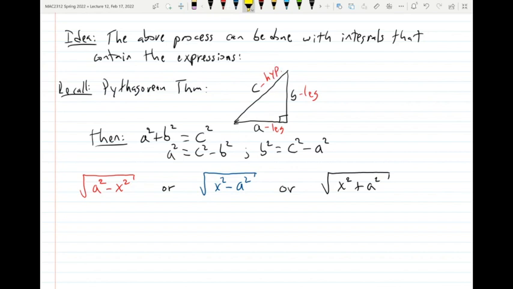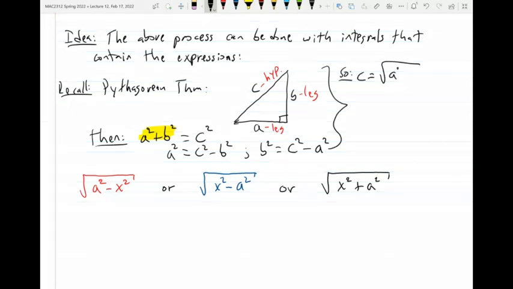So what that means is that every time that you see, for example, this expression, what are the numbers that we have in there? When you are adding two numbers, they represent the legs of your triangle. And then the square root of that is the hypotenuse. Because C equals the square root of A squared plus B squared.